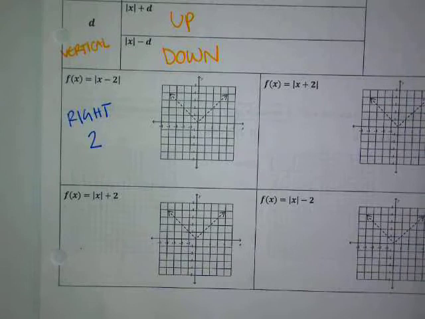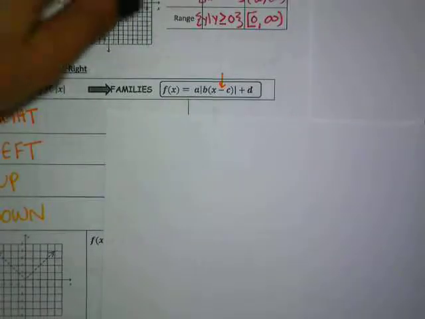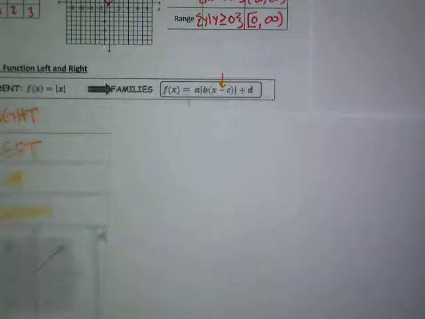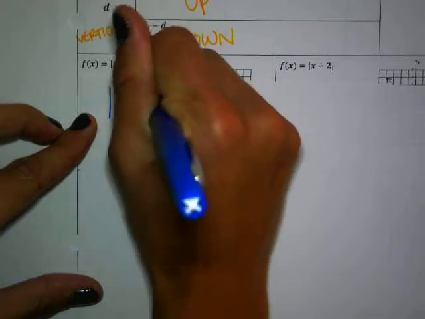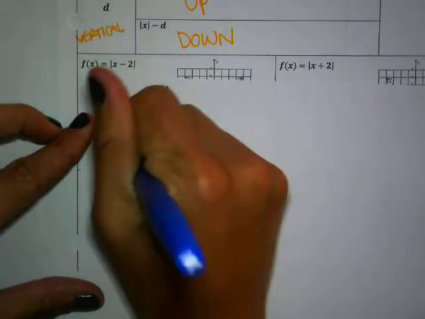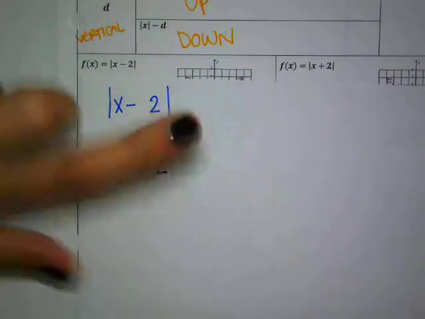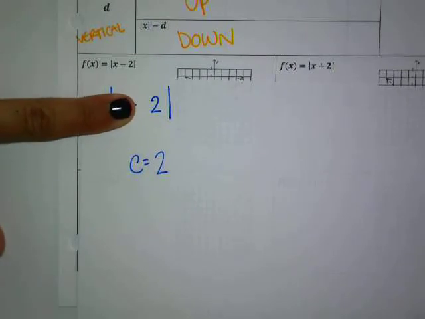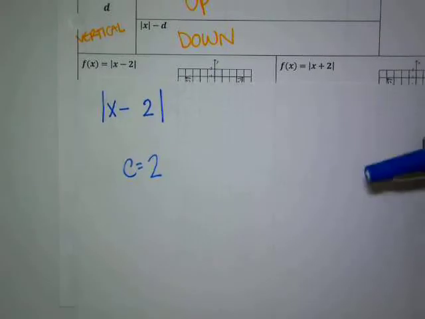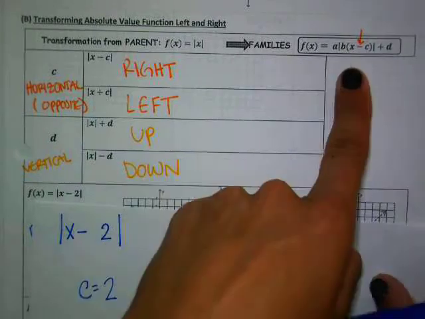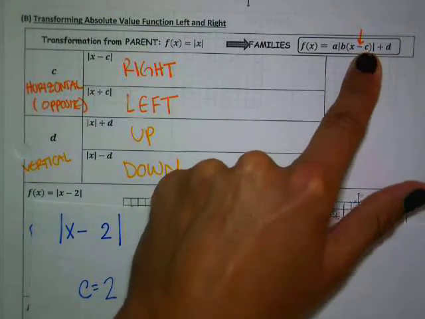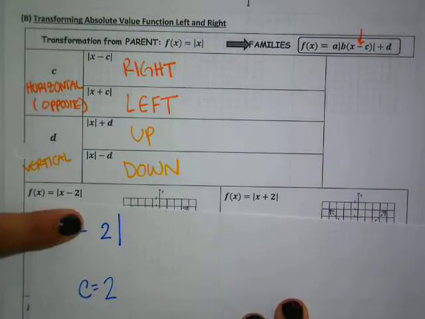All right, this is the math behind why the inside one is opposite. So up here, do you see how the negative sign is in there? In this function, c is a positive 2 because the negative is part of the equation. So that's the placeholder, like mx plus b. It's how you replace the b. So the c tells you left or right, but the negative's already in there, so that's why you don't worry about that.